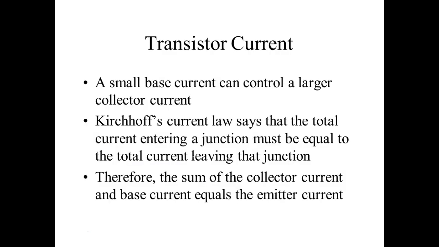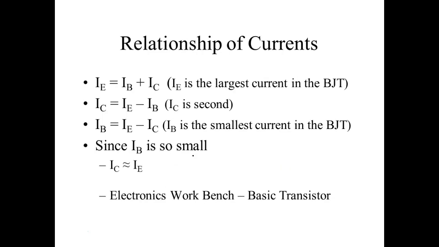Collector current, NPN transistor, we went through, watched a real neat video. That was a pretty good video, right? Then we talked about the base current, which is the highest current in the transistor? Emitter current, right. Followed by the collector current, followed by, well, it's not even followed by the base. The base is way down there.